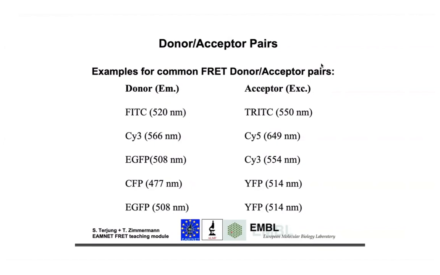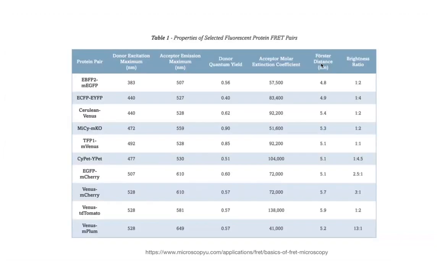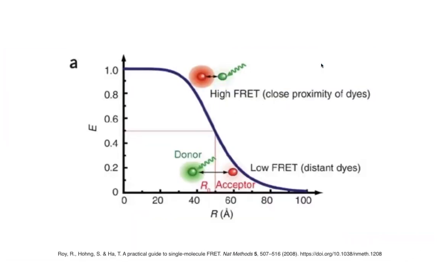But you want to see something where, say, we give off light at 520 and now this one absorbs light at 550, so the emission from the first one is going to excite the second one. There are a lot of options with a lot of really fun names, and often, instead of trying to remember which one goes with which, you just look at a table and see which ones normally go together.